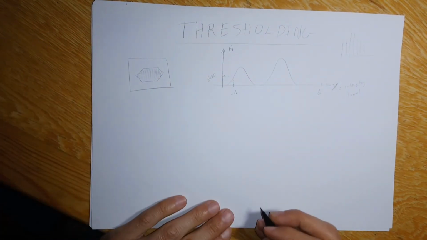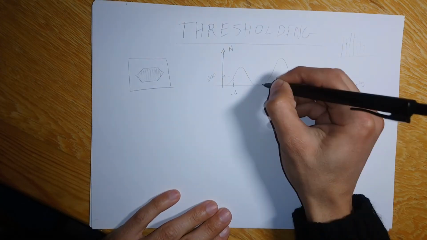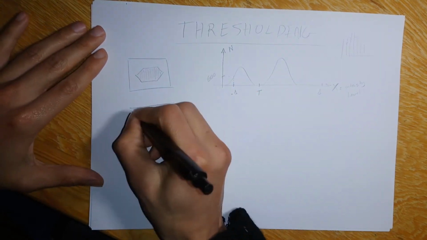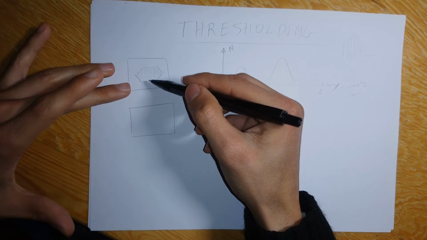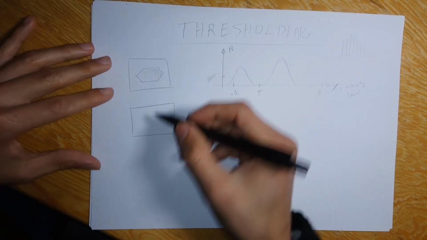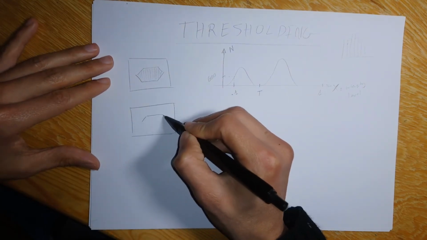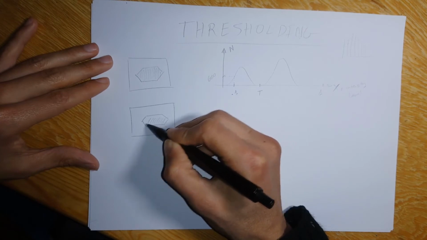Okay, now if I say that I want to fix a threshold here, what I want to get at the end is just an image like this one, but instead of getting a gray scale image, I want to get a binary image. I want just to get this nice boundary like that, and everything inside of it is in black.